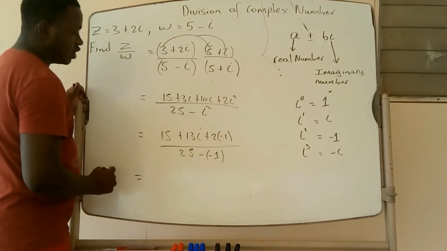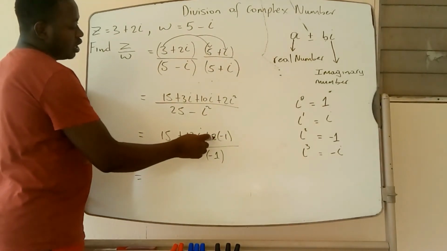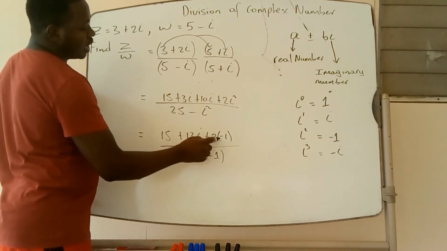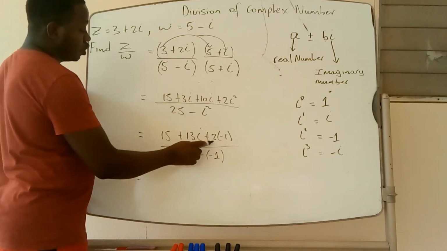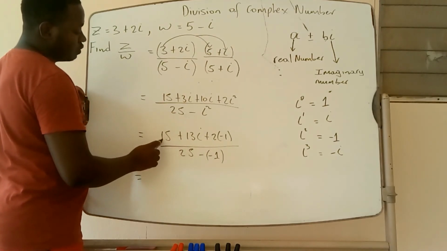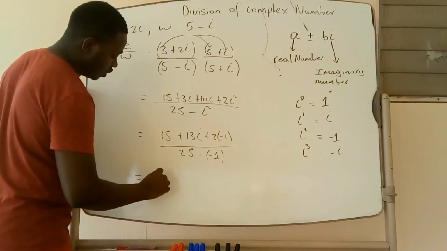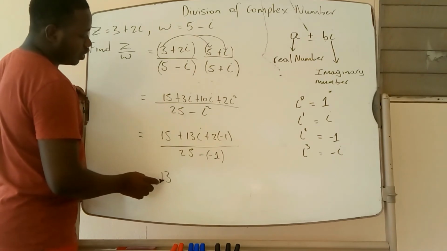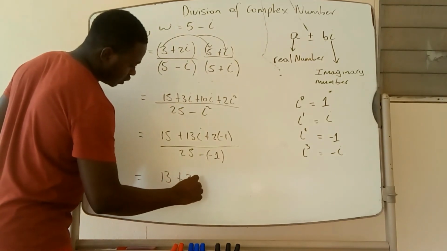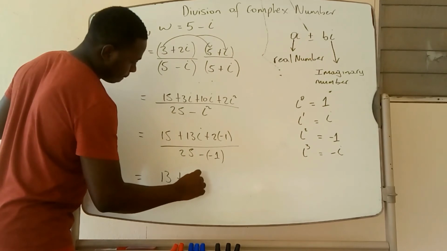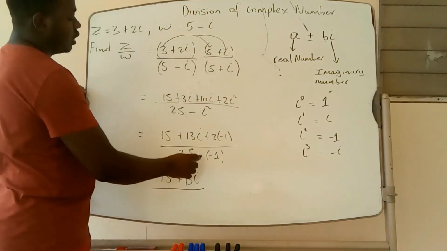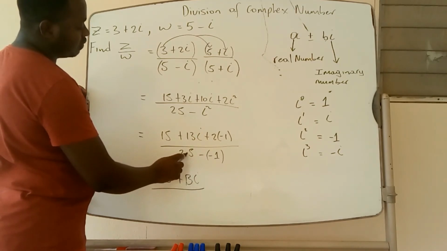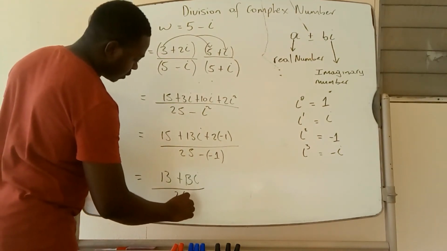So 2 times negative 1, that's going to be negative 2. Negative 2 plus 15, that's going to be plus 13. So this is going to be 13 plus 13i all over, negative times negative, that's just positive, so this is going to be 25 plus 1, which is just 26.